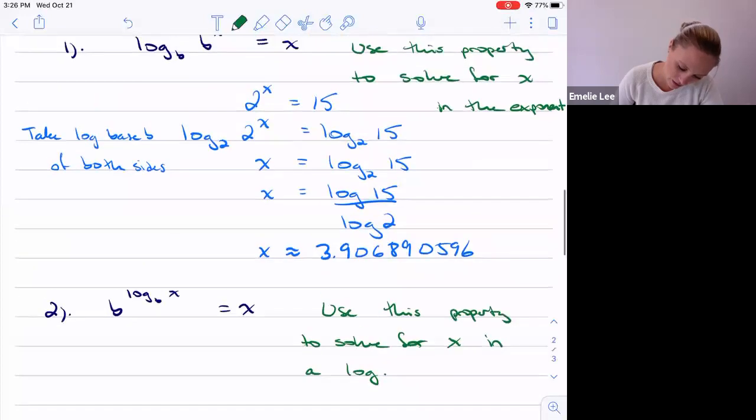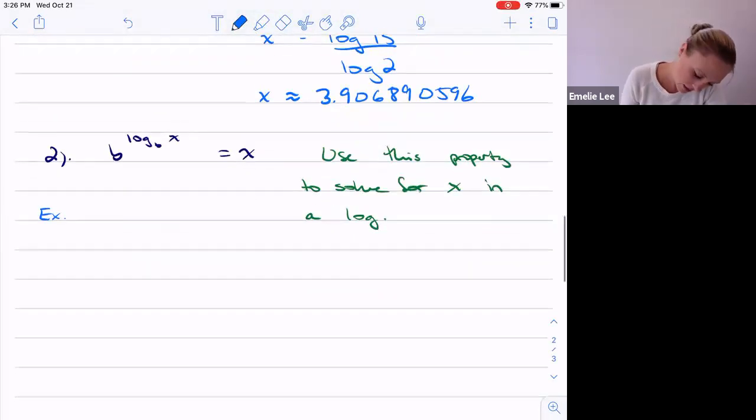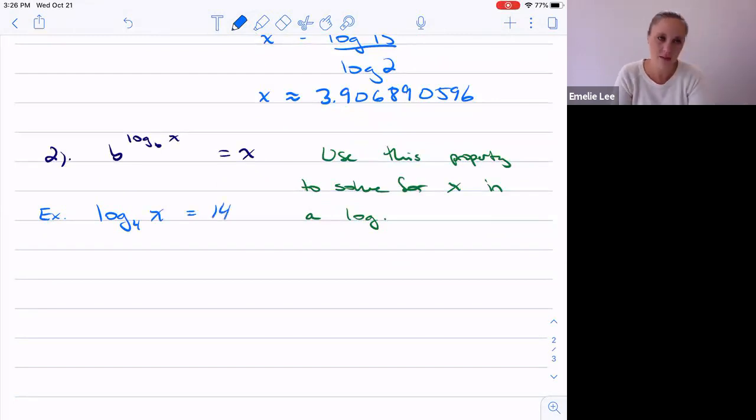Okay. So for a quick example, how do we use this? If I have something like log base 4 of x equals 14, to shake out this x, this property says I have to have the same base.